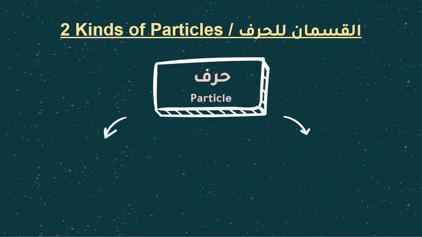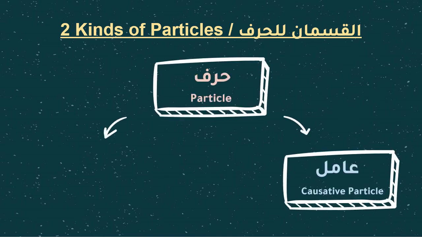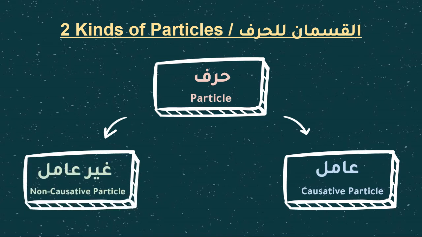After we have discussed the definition of particle, let's move on to the next objective, which is to know kinds of particle. So there are initially two kinds of particle, amil and ghair amil. Amil means causative and ghair amil means non-causative. Now what is a causative and what is a non-causative particle?